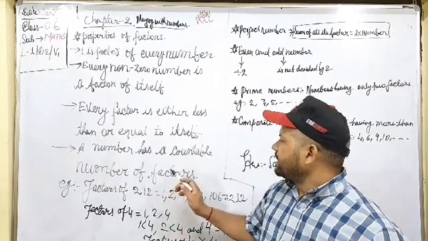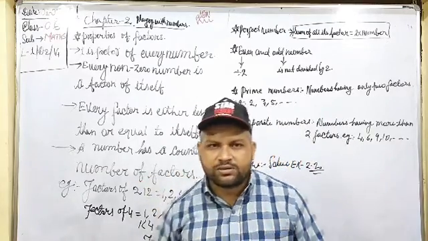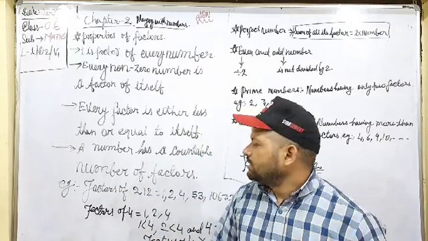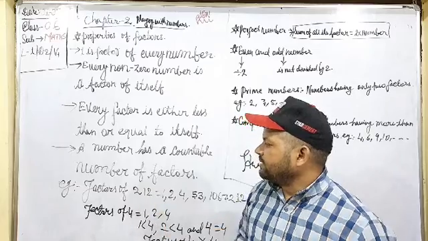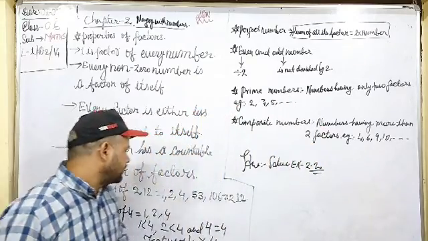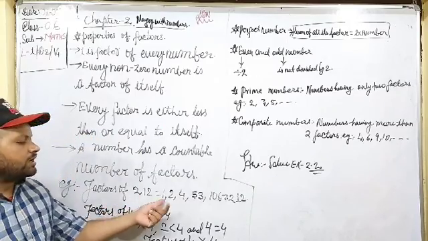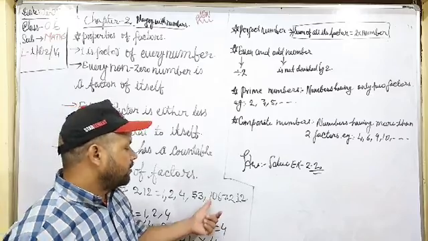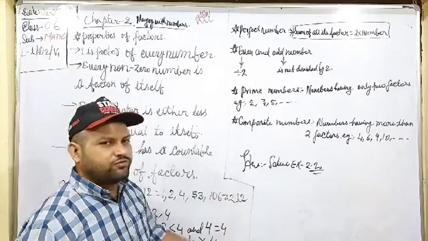And a number has a countable number of factors. Any number has a countable number of factors. As an example, factors of 212, as I have written here: 1, 2, 4, 53, 106 and 212.